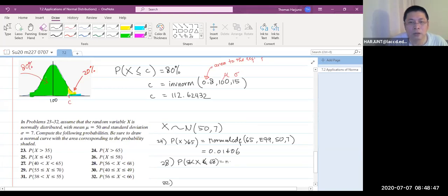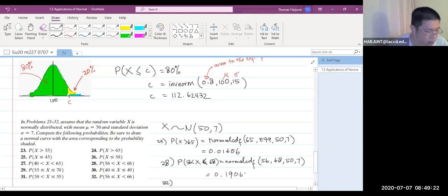That is normal CDF 56, 68, 57. I get 0.19062.